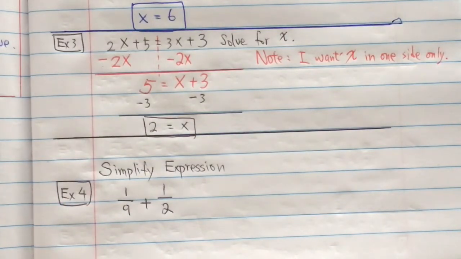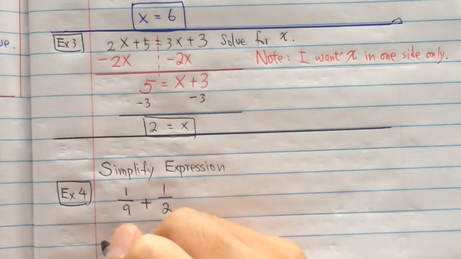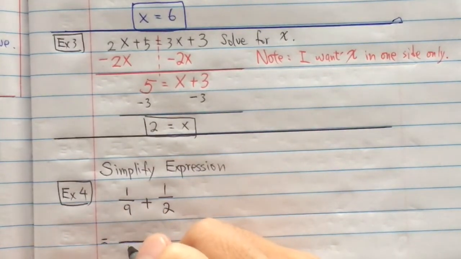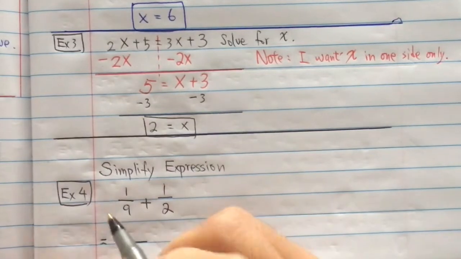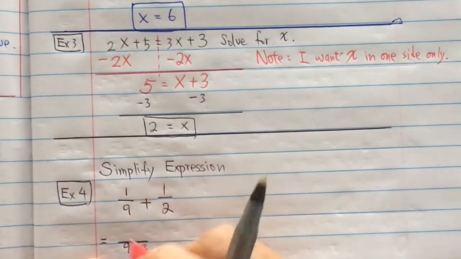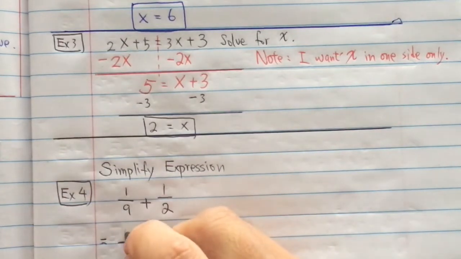Now we need to find the common denominator. So what's the common denominator? Here, one way you can just multiply each other. That's one way. 9 times 2.